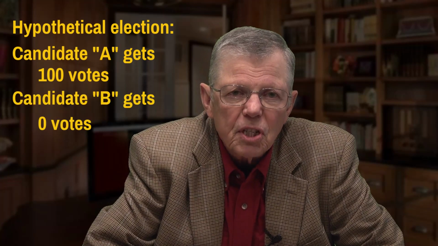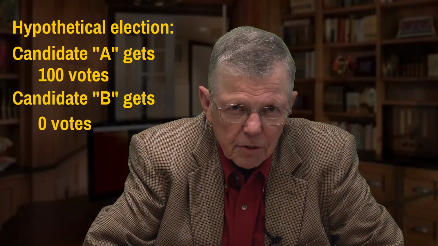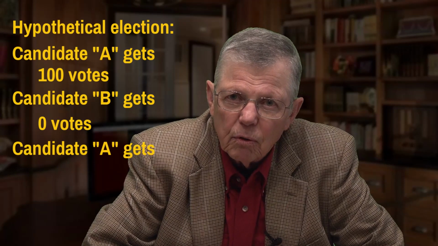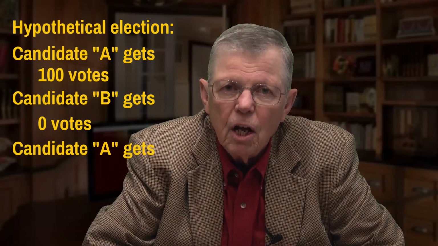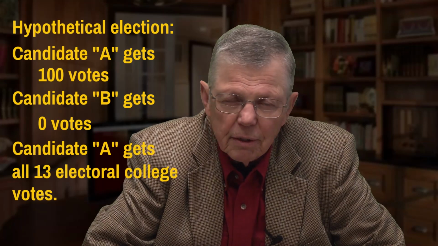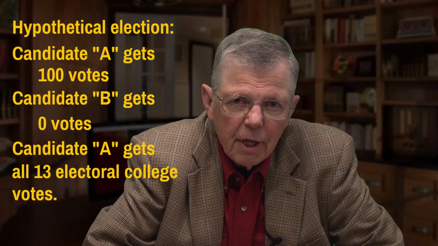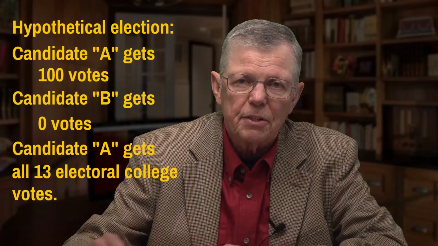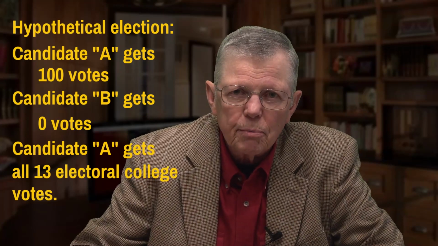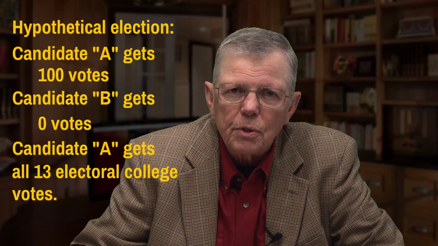Candidate B gets 0 votes on election day. So how many electoral votes or electoral college votes does candidate A get? 13, because he or she got all of the popular votes. And candidate B gets 0 electoral votes. Hang with me on this. This is going to get a little interesting. Okay, that's pretty obvious right there.